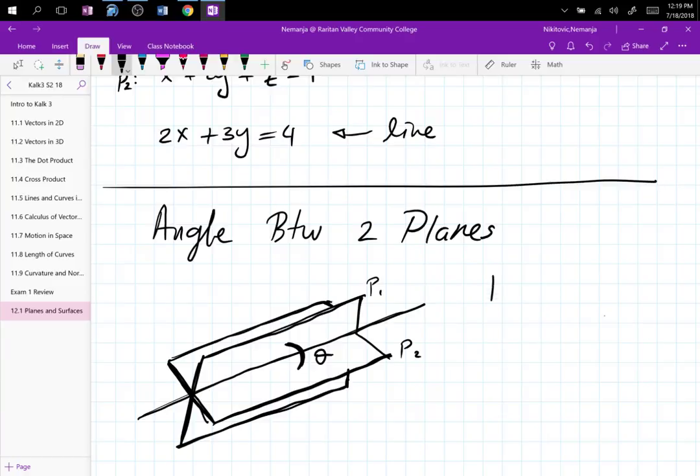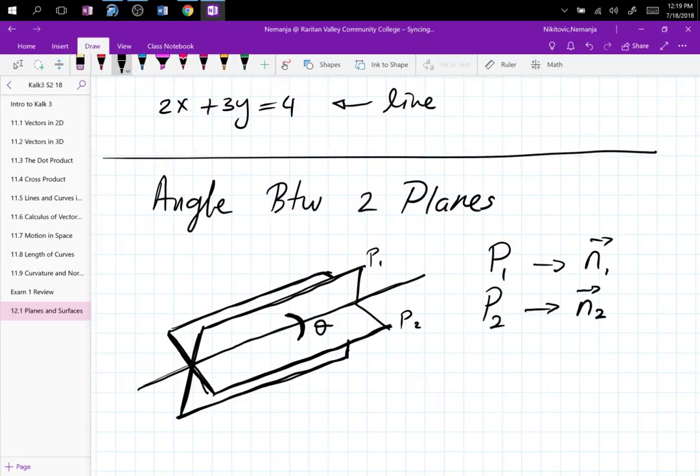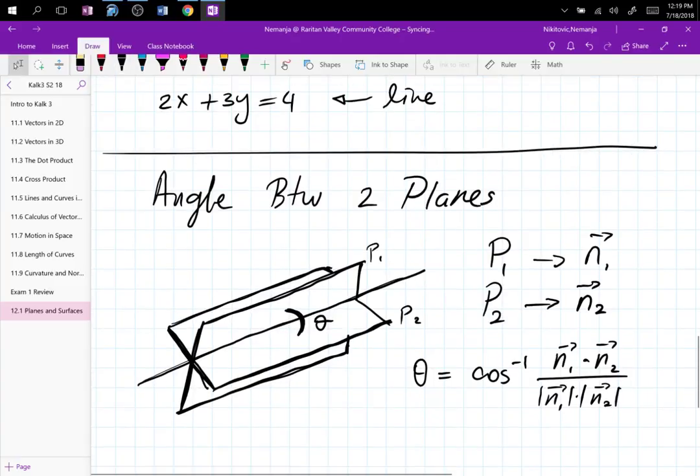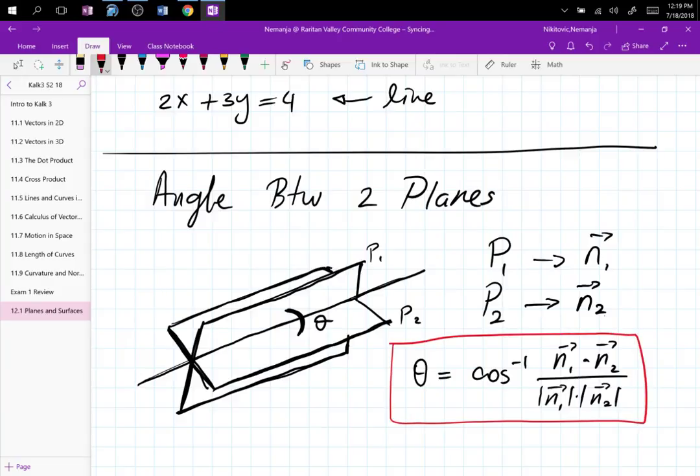So the plane P1 will have the normal vector N1, and the plane P2 will have the normal vector N2. So theta, which is the angle between the two planes, will be the inverse cosine of N1 dot N2 divided by the magnitudes of N1 times N2. So the angle between two planes can be found by simply figuring out the angle between the two normal vectors. Nice.